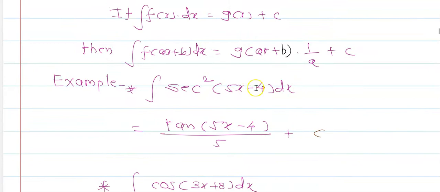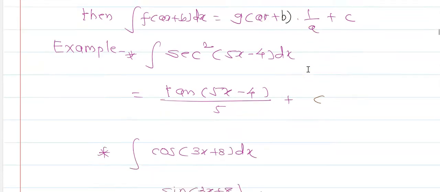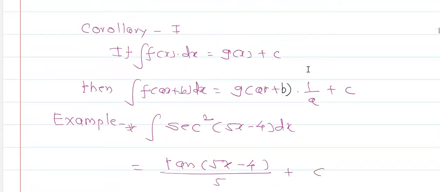But there is one more standard formula. It is 1 upon a. But I always say that in the denominator, it is 1 upon the derivative of whatever function is present here. You remember it in the derivative: if I want to find the derivative of g of ax plus b, this is a composite function, and its derivative is g dash of ax plus b into the derivative of ax plus b, and the derivative of ax plus b is a.